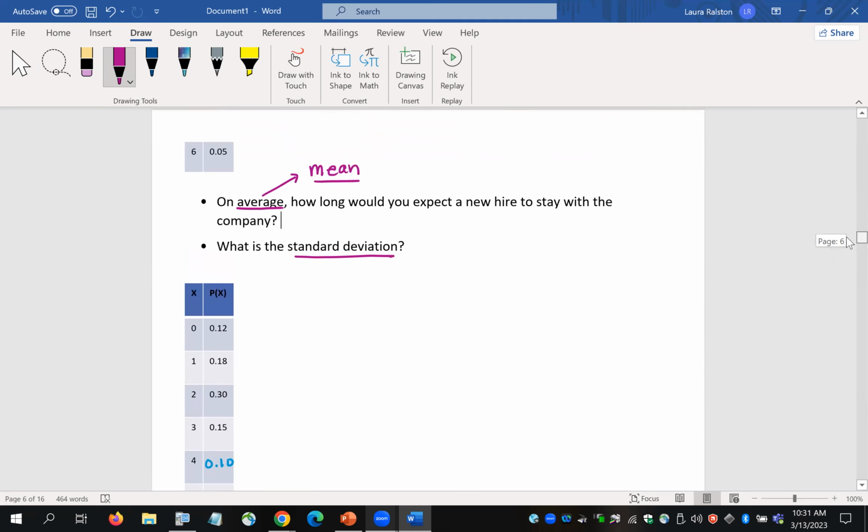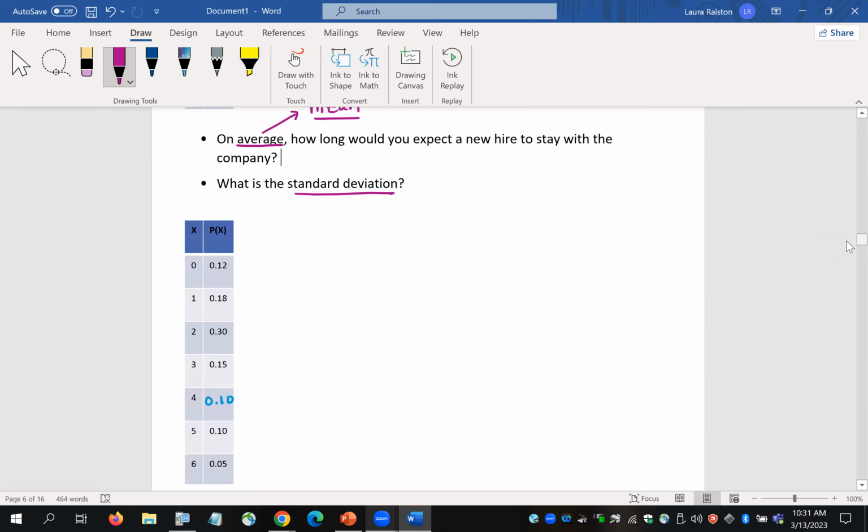So for the mean, okay, the formula for the mean is you take each X, multiply it times its probability, and then add them up. So I'm going to make another little column here. Probably need to make it a little bit bigger.